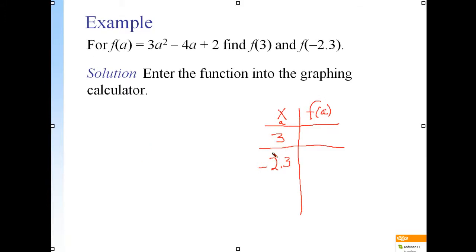Now, in this next one, they're asking you to do some using a graphing calculator, which we don't do. But what would be your strategy if you were doing them? Well, there is your function statement. Here is your x value. That's, in a sense, going to be the letter A, a 3. And then there's a negative 2.3.